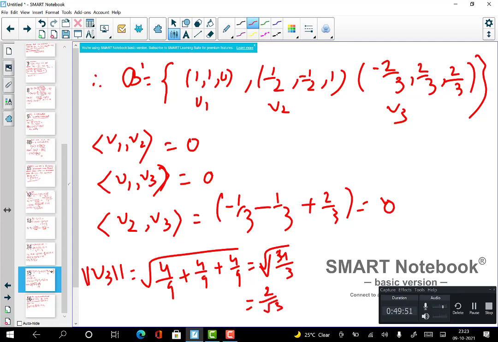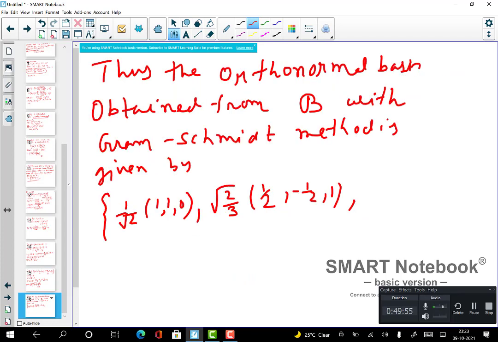Is that okay? Yeah, so thus this answer will be root 3 by 2 times minus 2 by 3, 2 by 3, 2 by 3. And you can cancel the 2 also. So root 3 into minus 1 by 3, 1 by 3, 1 by 3. Yeah, so this is the orthonormal basis coming from the given basis with respect to this method.